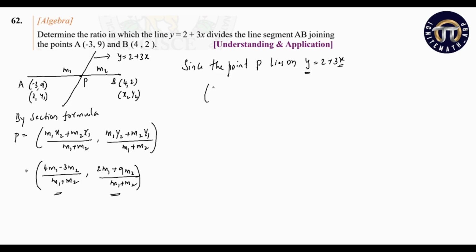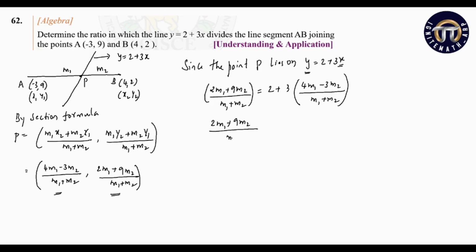So that becomes 2m1 plus 9m2 by m1 plus m2 is equal to 2 plus 3 into x, where x is 4m1 minus 3m2 by m1 plus m2. I'll keep the left side as it is.